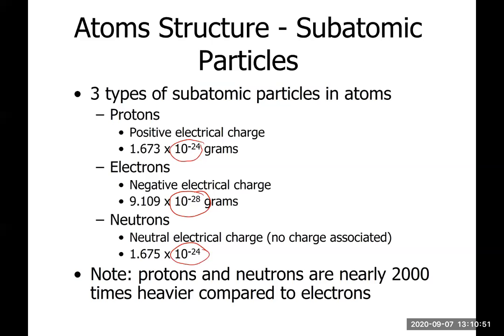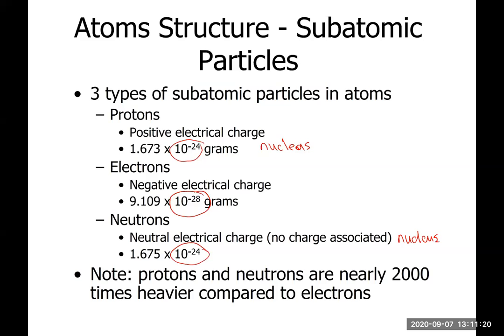And when we talk about where these subatomic particles are positioned, again, the positively charged protons are in the nucleus, and the neutral neutrons are also in the nucleus. While the electrons are outside of the nucleus, this is considered to be extranuclear subatomic particles.